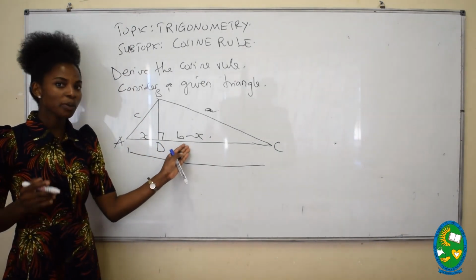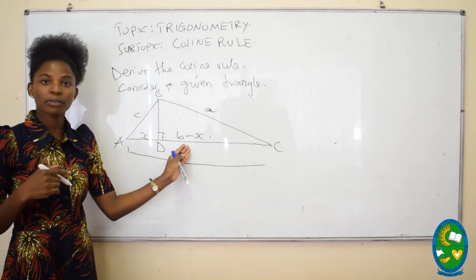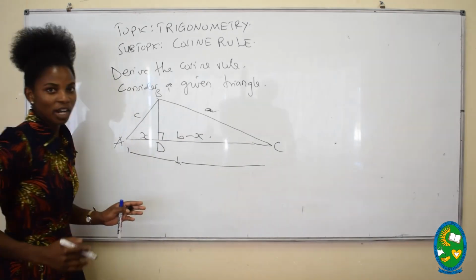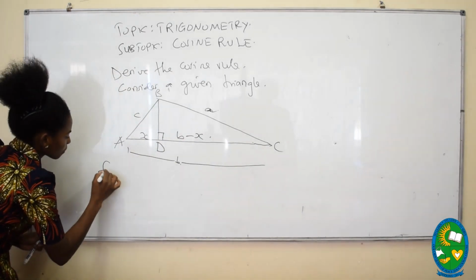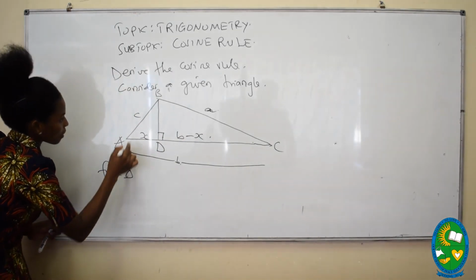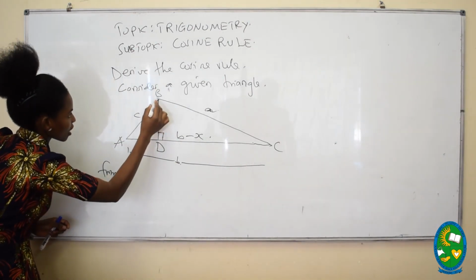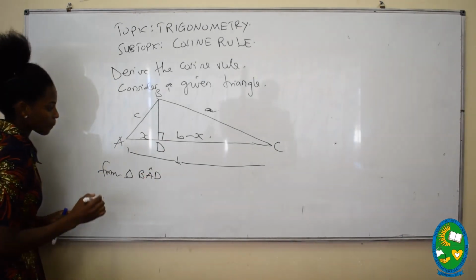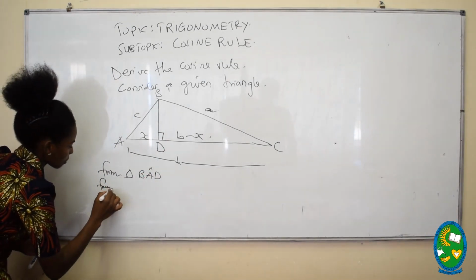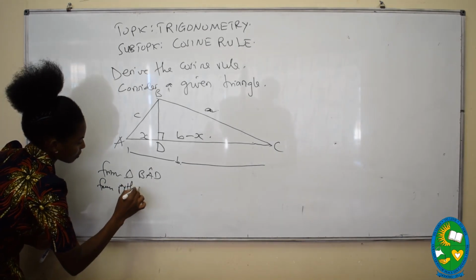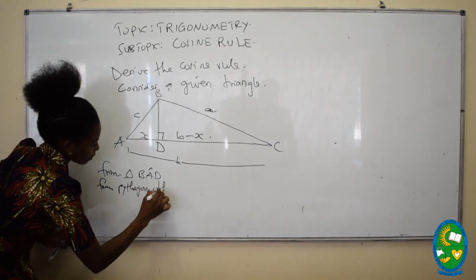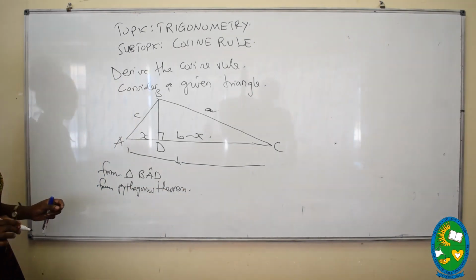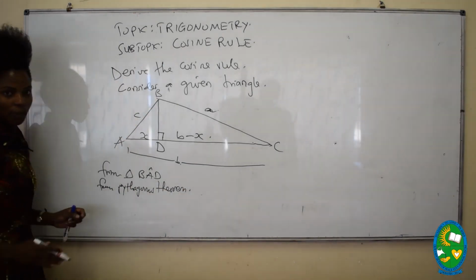When we want to derive, we consider the Pythagoras theorem using the first triangle and the second triangle. We have triangle BAD. From Pythagoras theorem, we want to find this side, which is the hypotenuse.